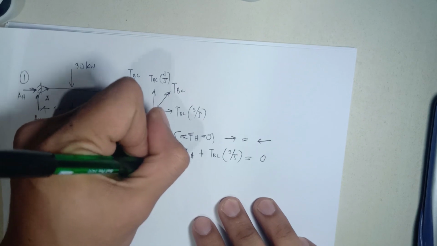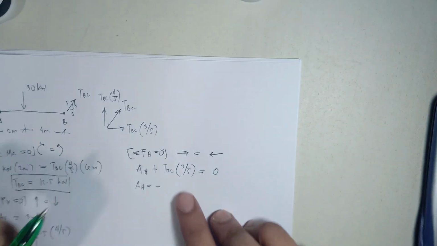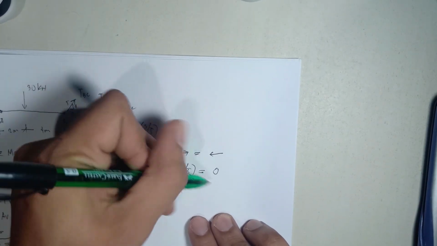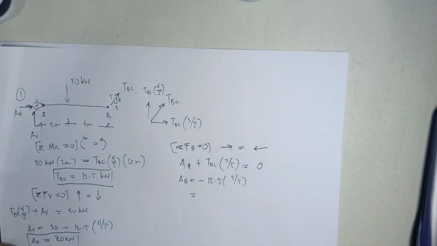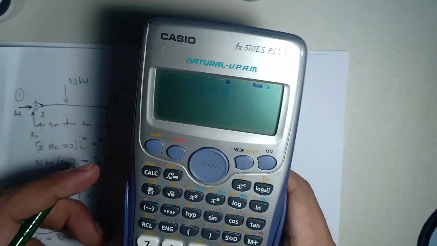So, AH equals negative TBC. Papalitan ko na yung TBC ng 12.5 kilonewtons times 3/5. Kaya yung AH is 12.5 times 3/5. Ayun.